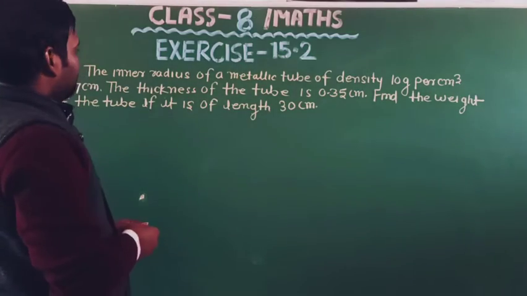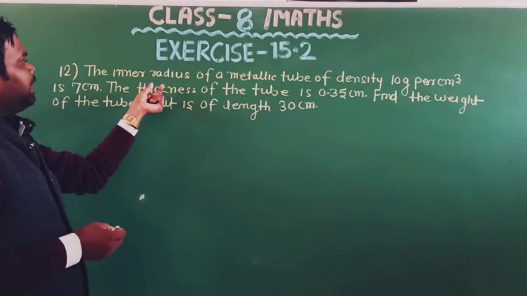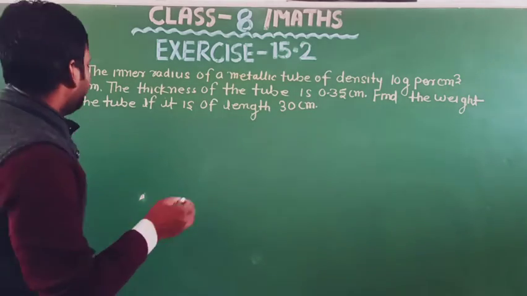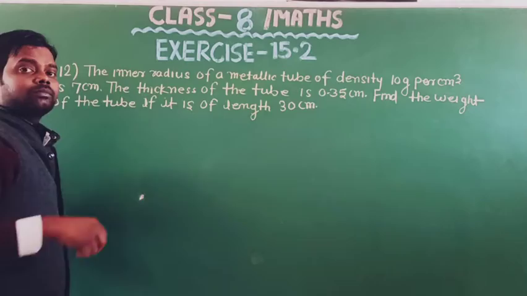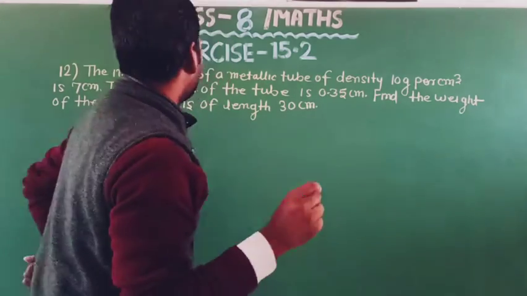So we are given the inner radius of the metallic tube. Let R1 be the inner radius of the cylindrical tube.